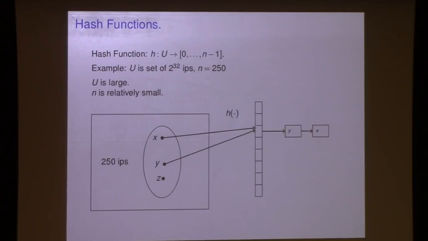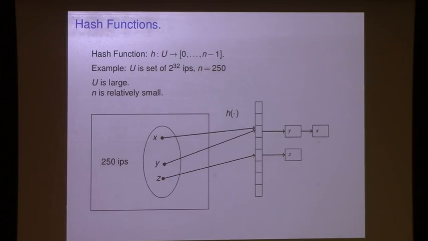The unpleasantness here is that you have to build a list, right? And so when you look up X, you have to scan over the list, and you have to look at Y, and you didn't want to see Y, and it's like, why did I have to see Y? Why is it bad? Because you're scanning over these lists of longer length, right? Okay, Z is also here, and so on.